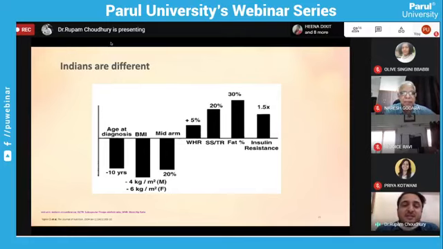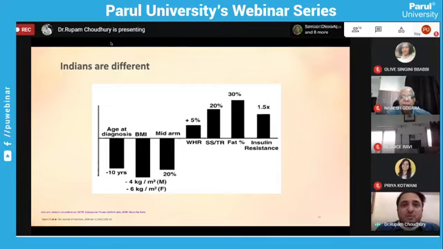So these are the characteristics because of which the Indian population is very vulnerable to diabetes and other metabolic conditions. There is one paradox known as the Y-Y paradox, where they wanted to look at the visceral adiposity of the Indian and Western populations. Two persons with the same BMI were assessed, one Indian and one Western, but the visceral adiposity was much higher in the Indian as compared to the Western one.